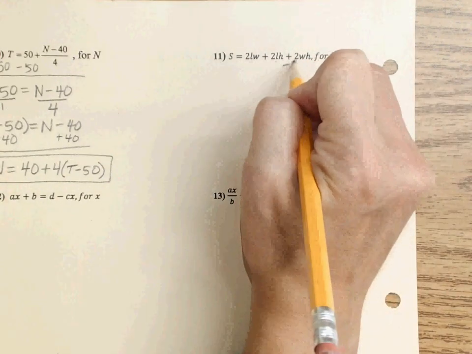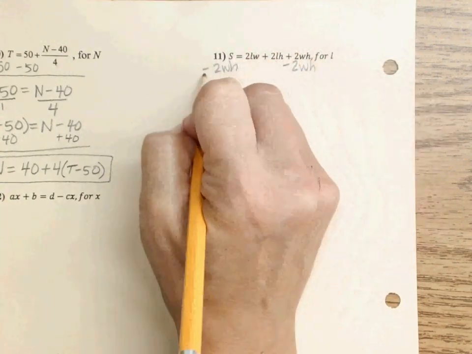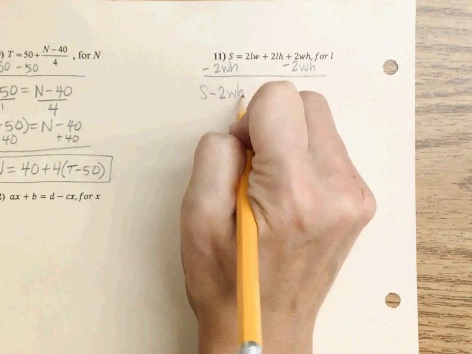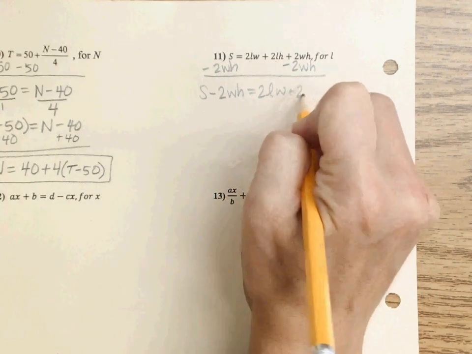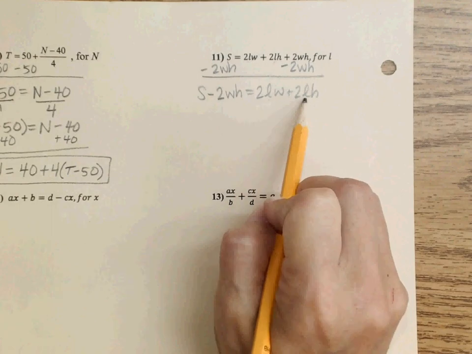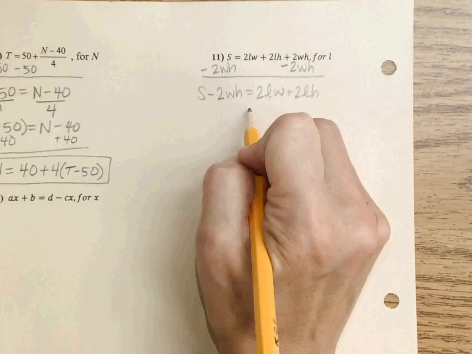So I'm going to move the 2WH to the other side. When I do that, I have S minus 2WH is equal to 2LW plus 2LH. Now I have to try and pull that L out of the two terms, and I'm going to remember distributive property.